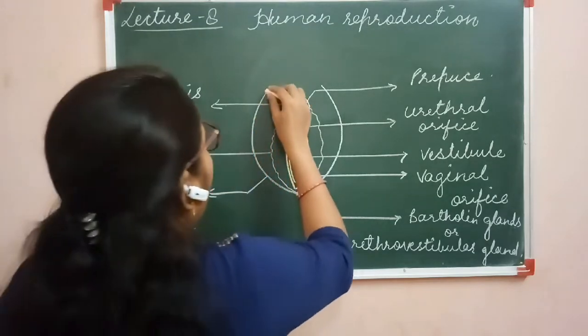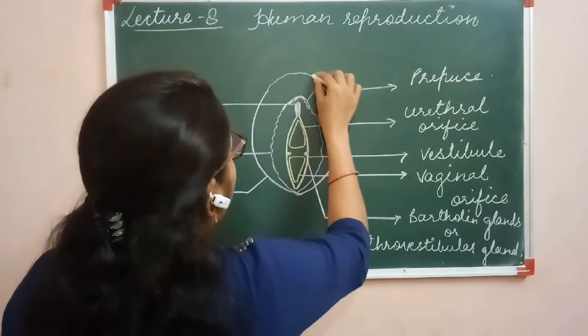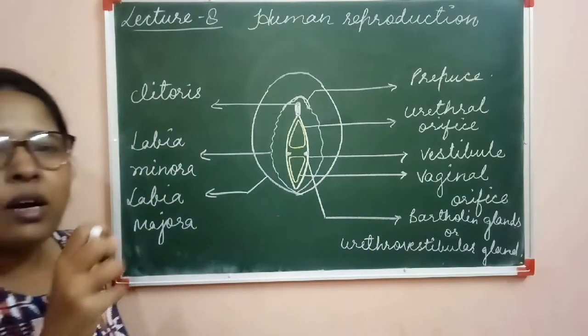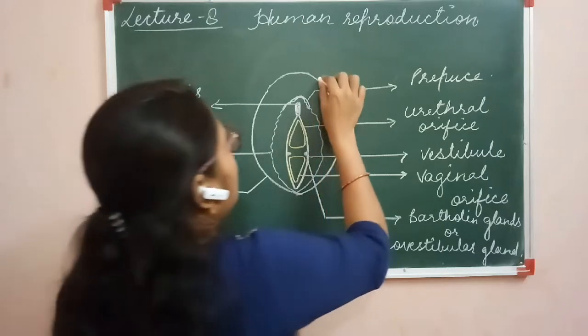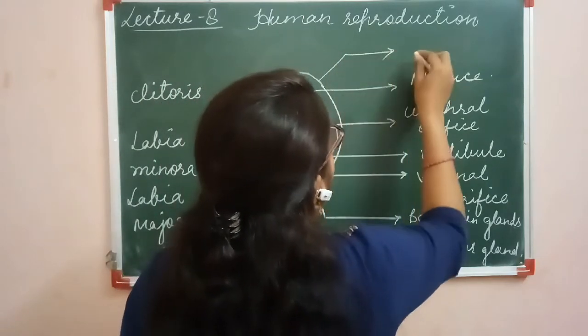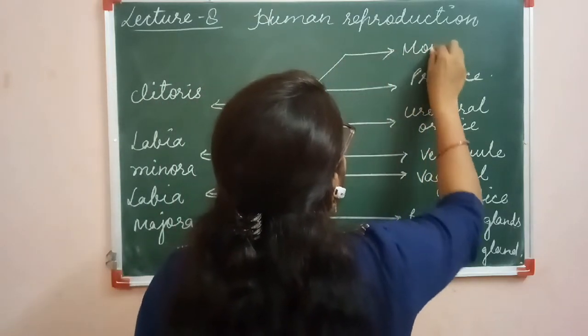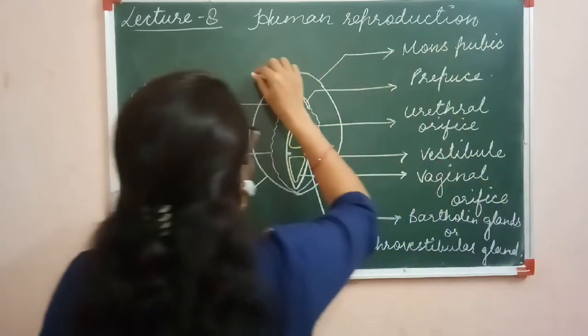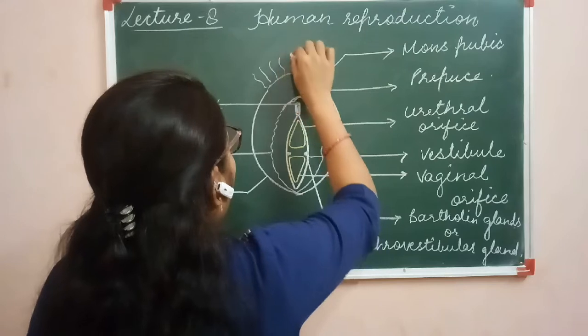Clear? On the upper side of this labia majora, a cushion-like muscular structure is there. This muscular cushion-like structure is called the mons pubis, and it has pubic hairs.